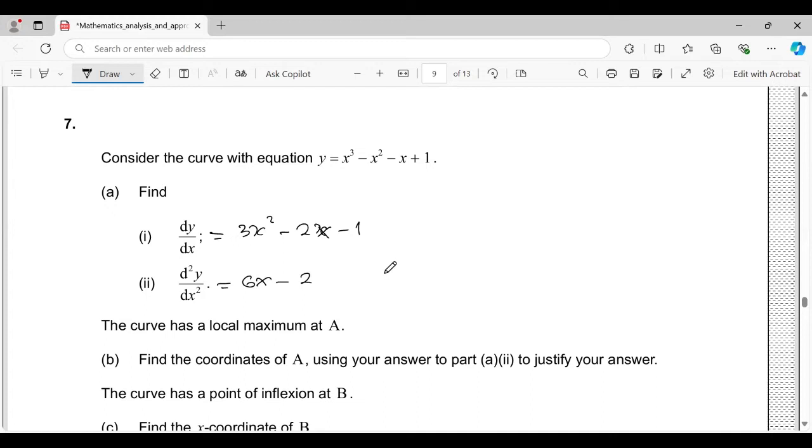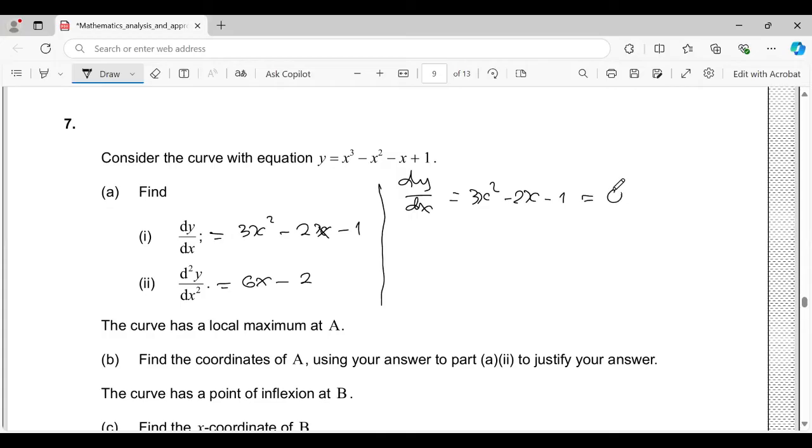The curve has a local maximum at A. Find the coordinates of A using your answer to part A2 to justify your answer. Okay, so the first derivative is 3x squared minus 2x minus 1.